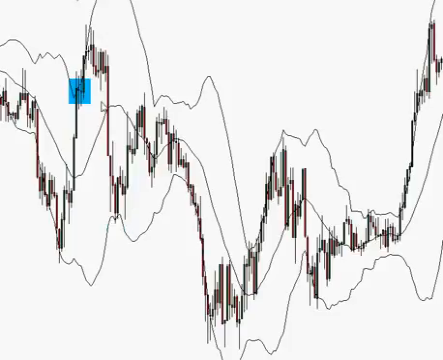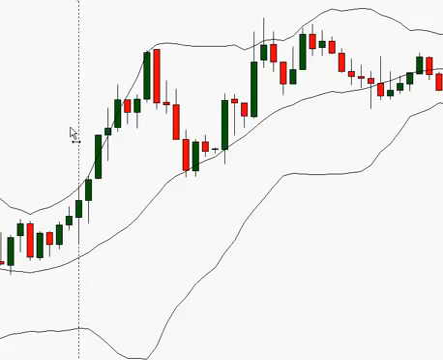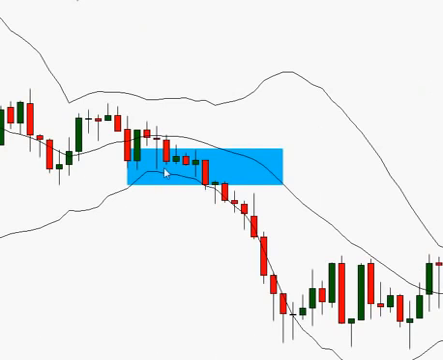So if we take a look at this example here, as you can see, before this breakout took place, we had multiple bullish and bearish candles.